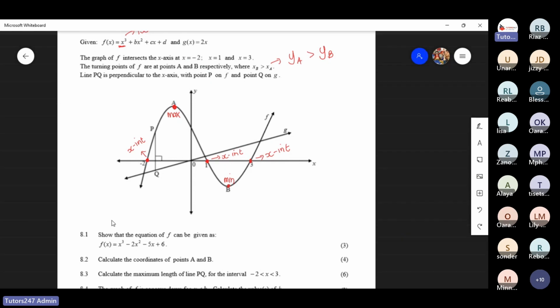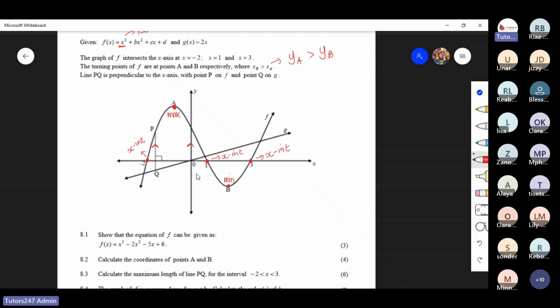Now, if we continue, we've got line PQ is perpendicular to the x-axis. So it means that there's an angle of 90 degrees between PQ and the x-axis. In addition to that, it means that PQ is parallel to the y-axis. It means that PQ is a perfectly vertical line. Why?